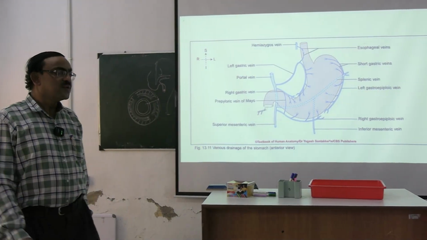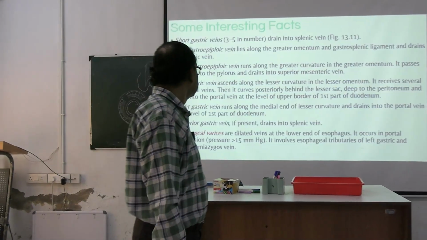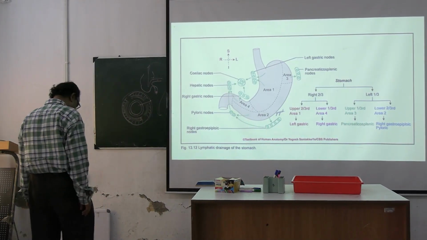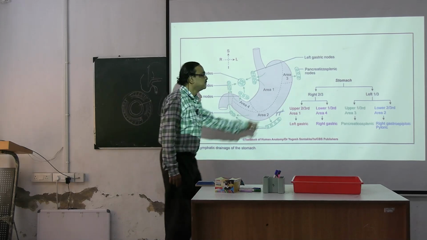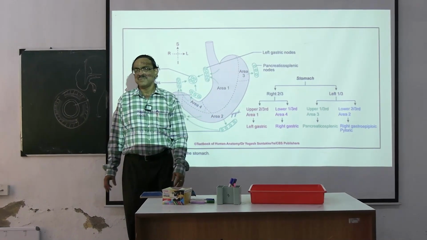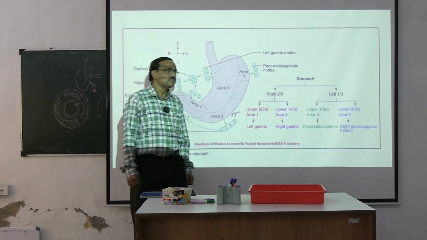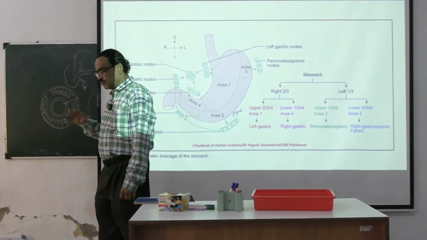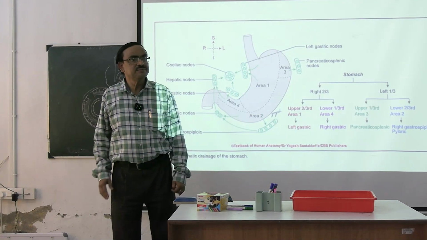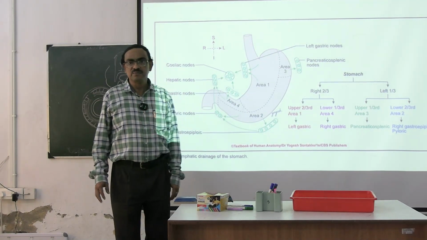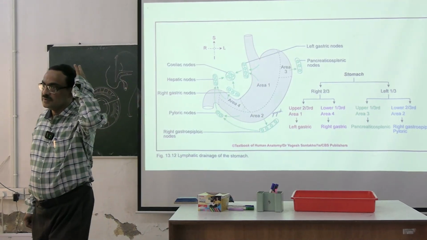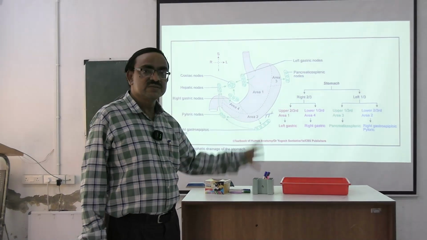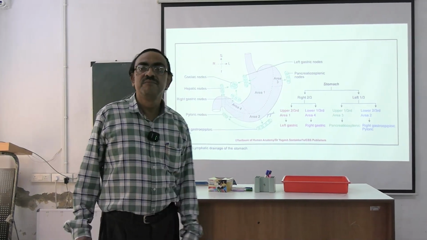Okay, now about the nerves, lymphatics, there are several groups of lymph nodes. There are 4 layers within the stomach, that is the mucous membrane, submucous layer, then we will get the muscle layer.